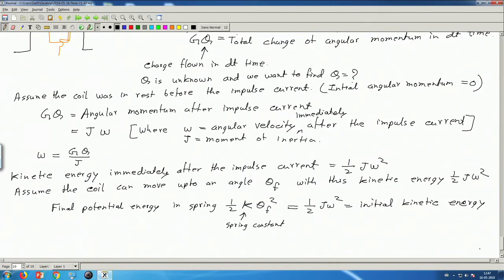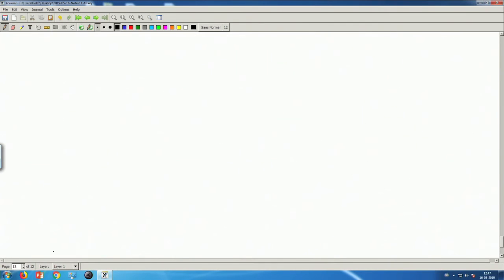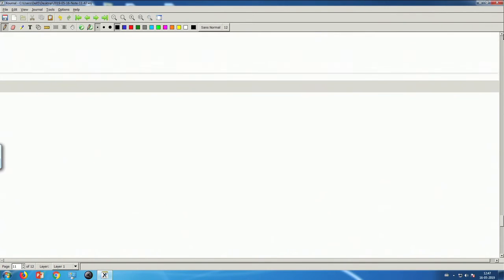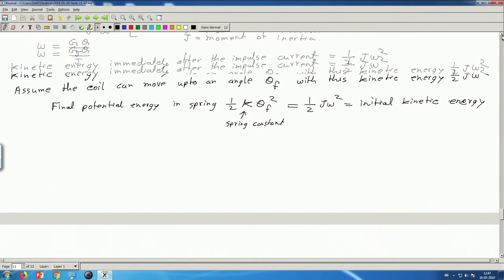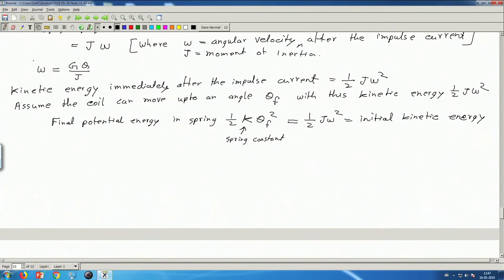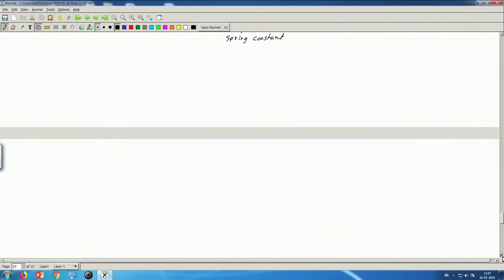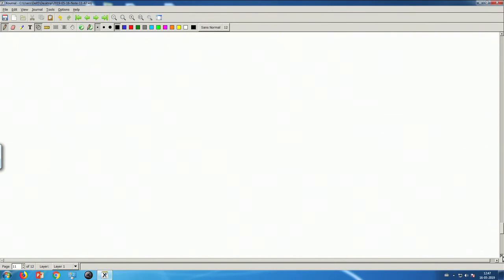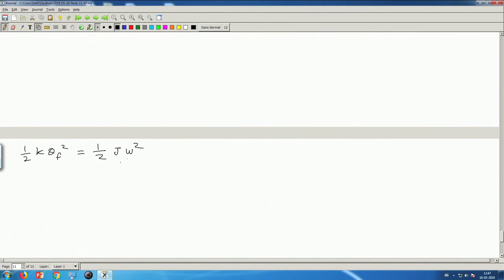Okay. So, therefore, we can write half k theta f square is equal to half J omega square, and previously we have seen that the value of omega, that is the angular velocity immediately after the current, is given by GQ by J. So, let us put the value.